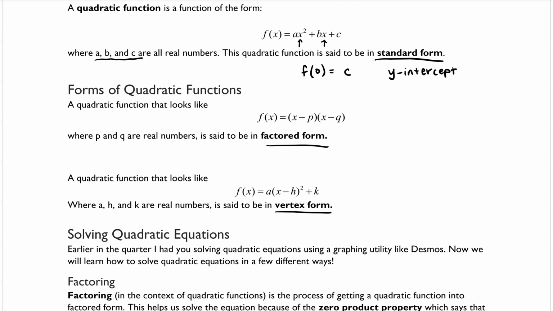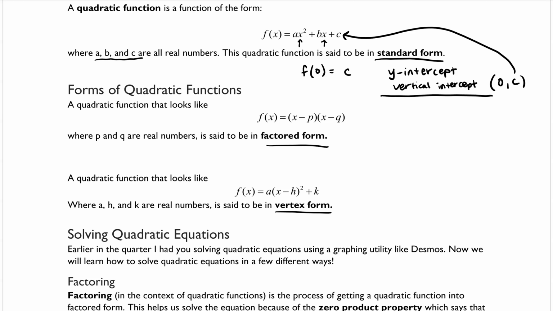So the y-intercept or the vertical intercept, whatever you'd like to call it, or the f-intercept, is just going to be the point 0, comma c, and c is just this number right there. Standard form is also nice because it allows us to nicely utilize the quadratic formula. And we haven't talked about what that is yet, but we will see that utilized later in this video.